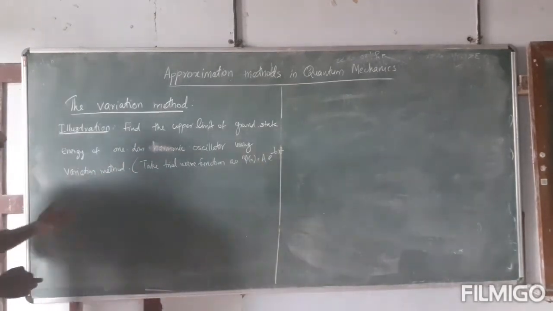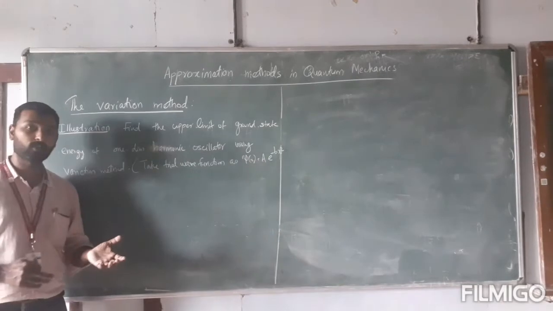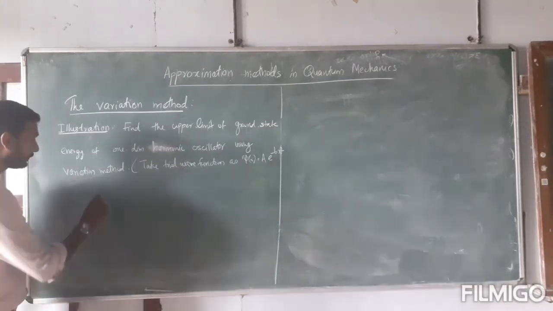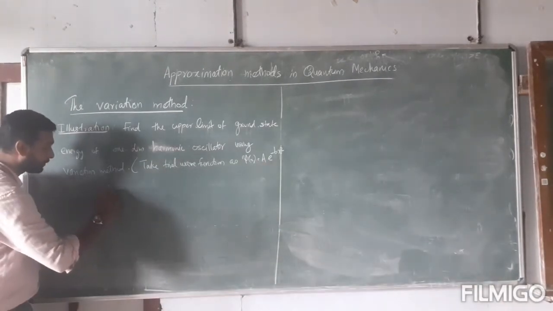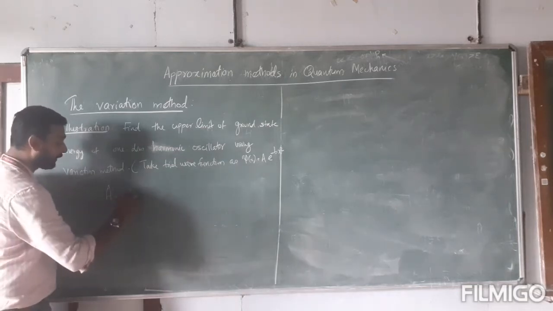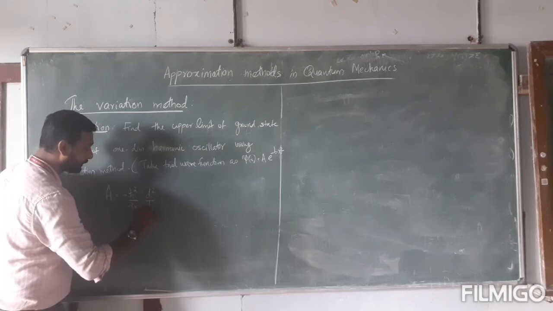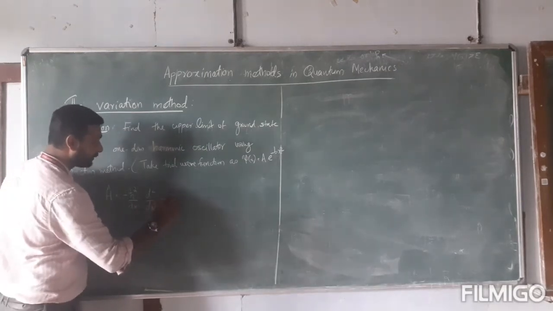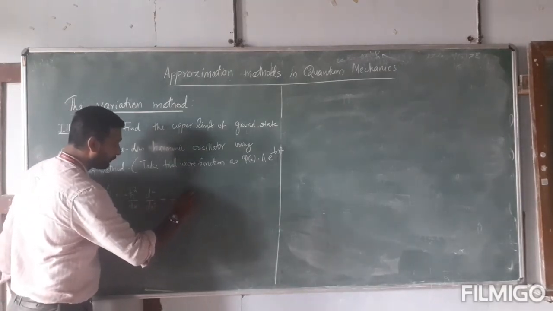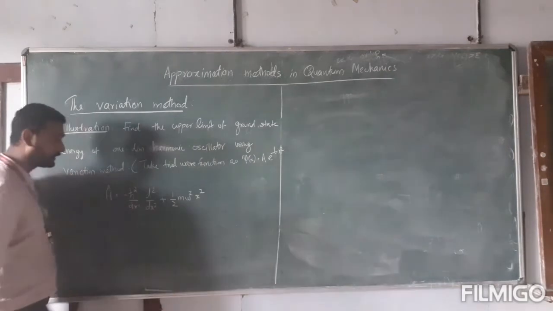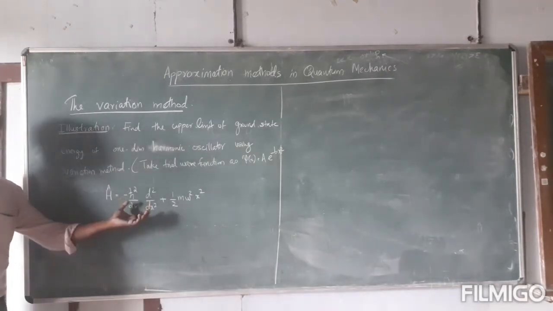Now first of all, if you take a one-dimensional harmonic oscillator, what is the Hamiltonian for it? The Hamiltonian I can write as minus h bar square by 2m d square by dx square plus the potential, half m omega square x square. This is the form of the Hamiltonian.